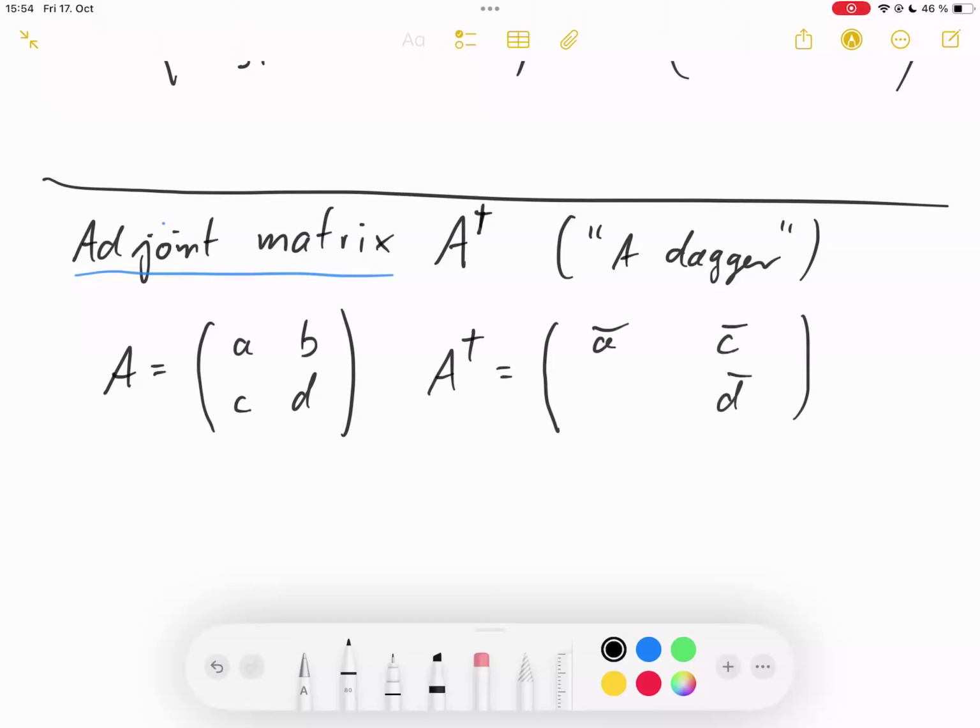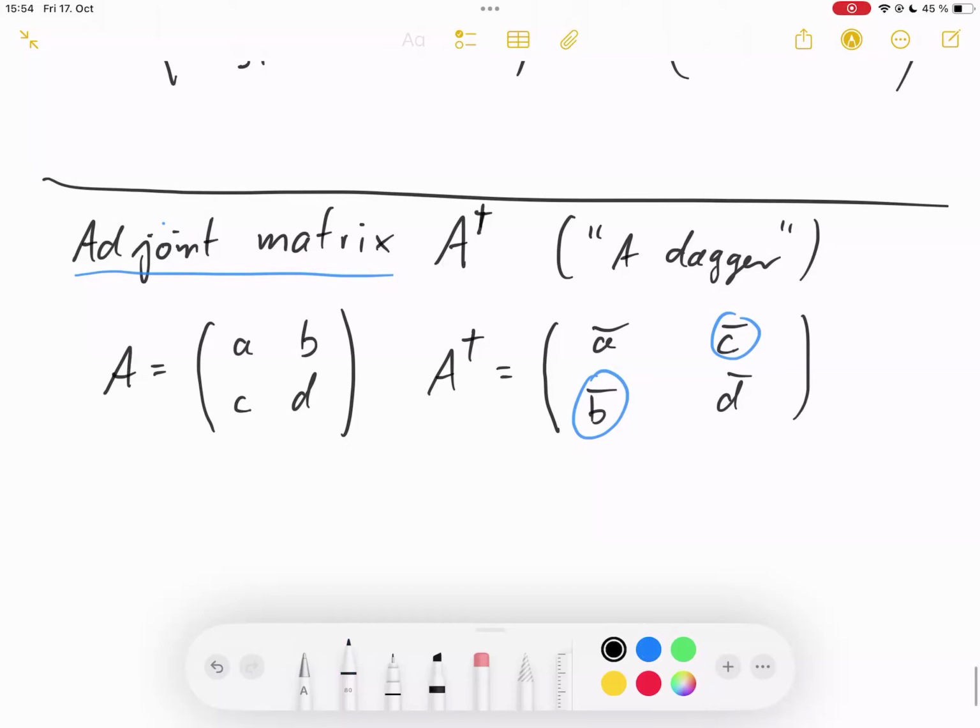But what we see is, I'm putting this in blue, the adjoint matrix is a bit different to the conjugate matrix. I take the conjugate of every entry, but I also transpose the conjugate matrix. So the adjoint matrix is the conjugate matrix plus I transpose it. That's why B and C get flipped here.